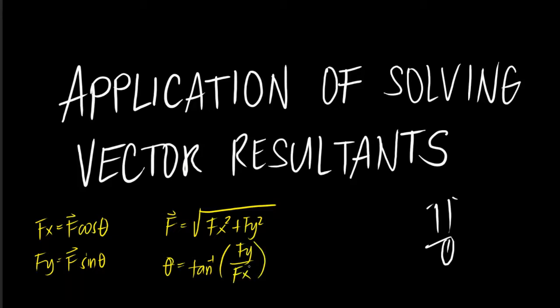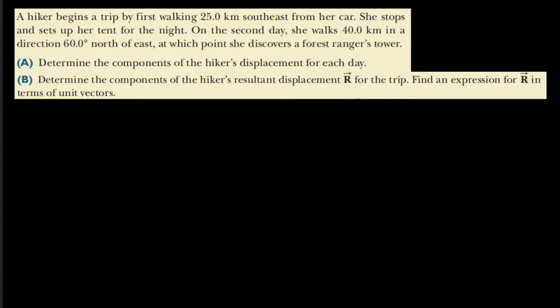Also, remember that your theta that you're going to use for the components should start from the origin, 0 degrees. Okay, let's go to the first problem. A hiker begins a trip by walking 25 kilometers southeast from her car.